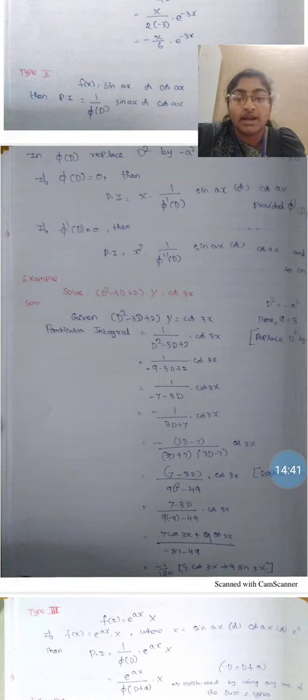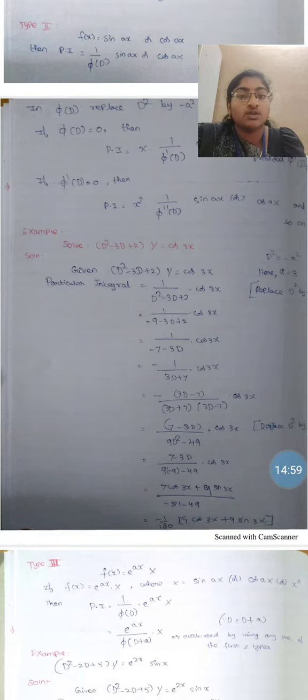D square minus 3d plus 2 into y equal cos 3x. So take the given equation and particular integral. In the denominator, the value of d square is minus 3 square, so the value of a is 3.